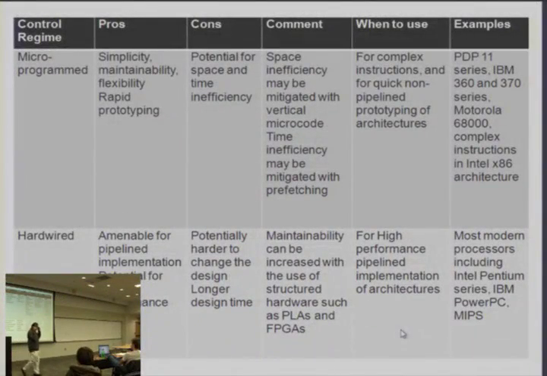When you have very simple instructions, it is easier to implement them using hardwired control. But if you have a very complex instruction which goes through several different microstates, then the chances of going wrong in your design are higher, and therefore microprogram design is used for some complex instructions in the x86 architecture. Okay, so that concludes chapter 3.